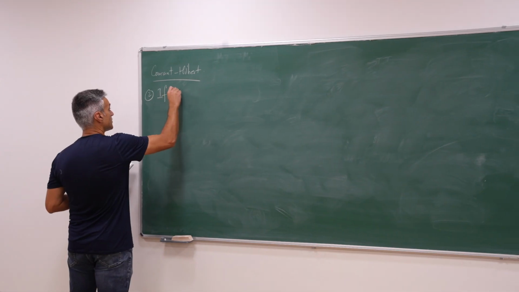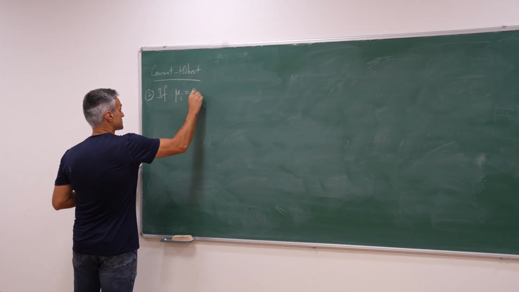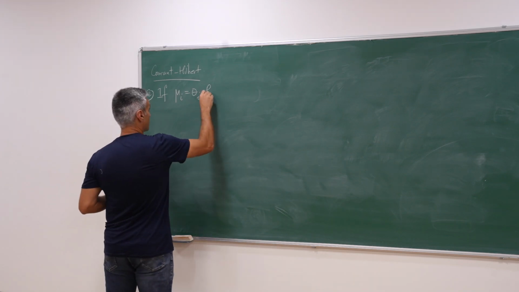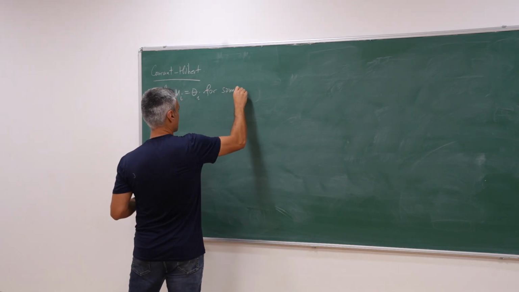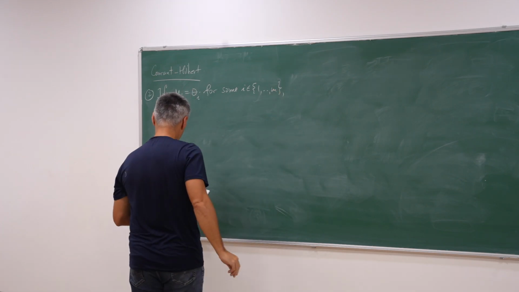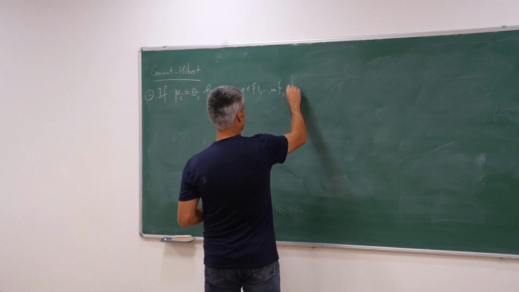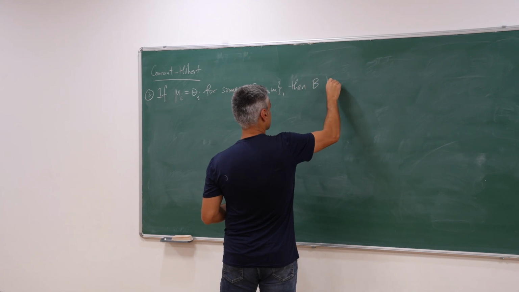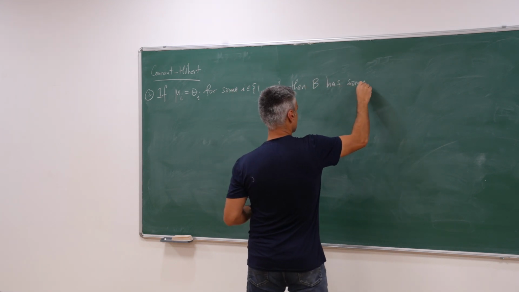So that's what I say. If mu i equals theta i for some i, then B has some eigenvector.